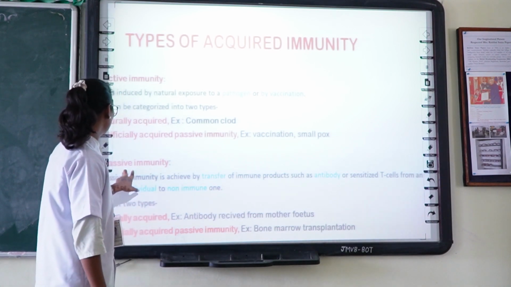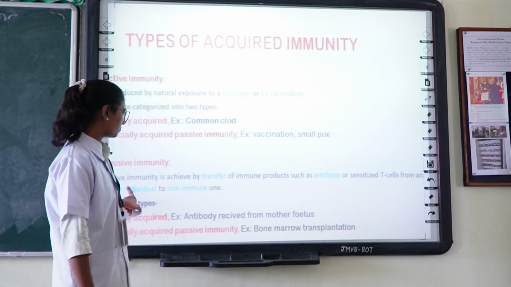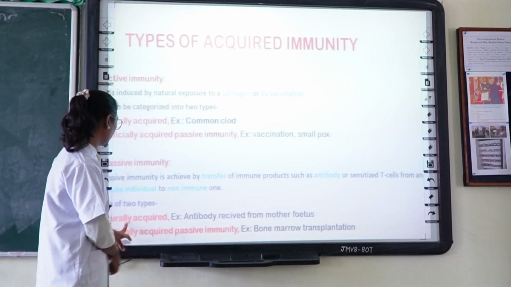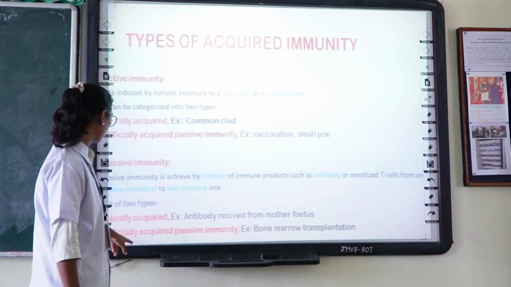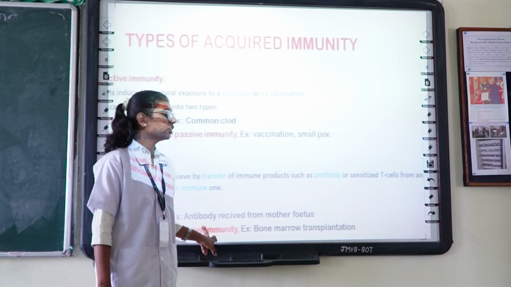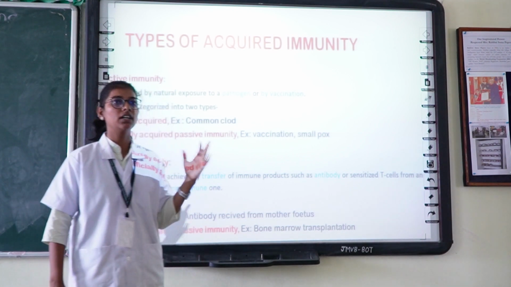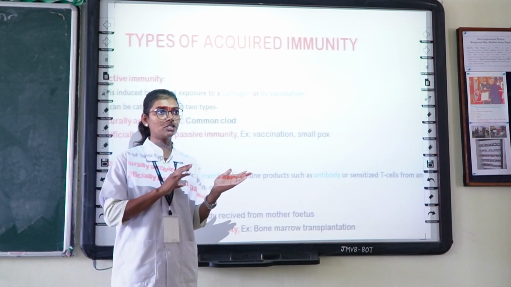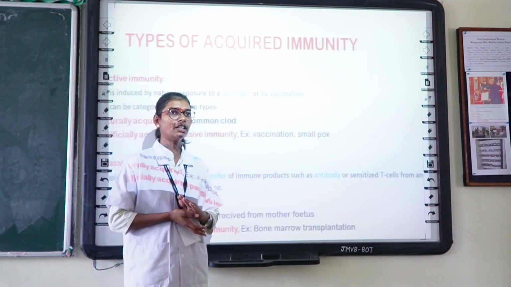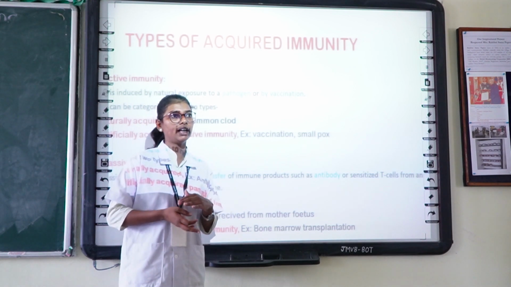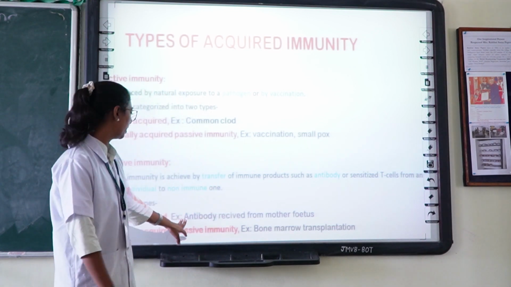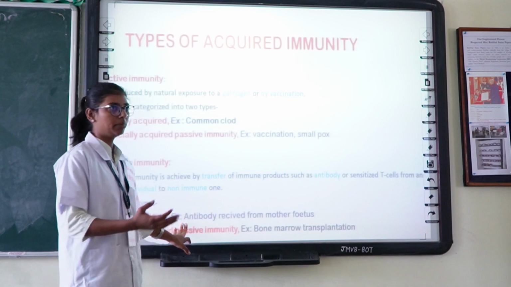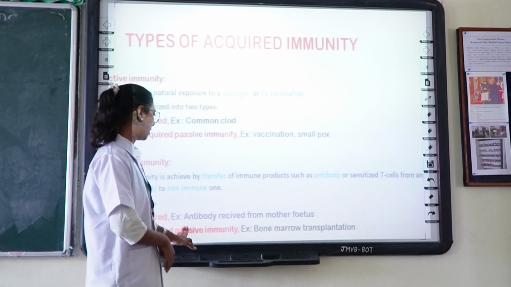Later, passive immunity. Passive immunity is also divided into two types: naturally acquired and artificially acquired. Naturally, the fetus receives the antibodies from the mother through the placenta.